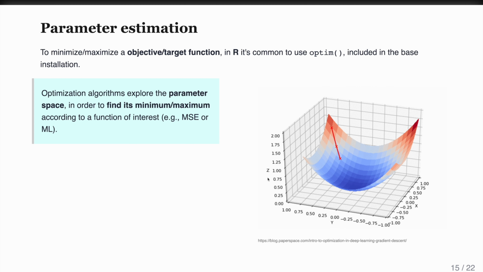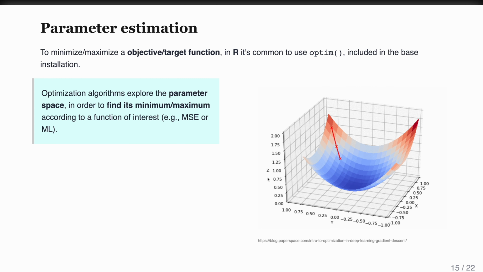Okay, so what are the steps that we need to do for parameter estimation? First of all, we need to choose our objective target function, which in our case is either MSE or ML. Then this function will do a number of things. First, it will take the parameters suggested by optim. So optim will suggest to this function different values for beta and gamma every time in an iterative loop.